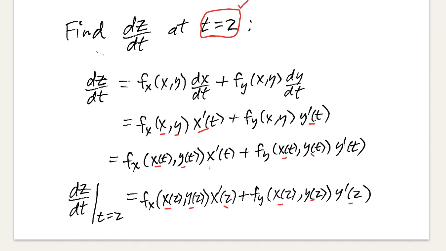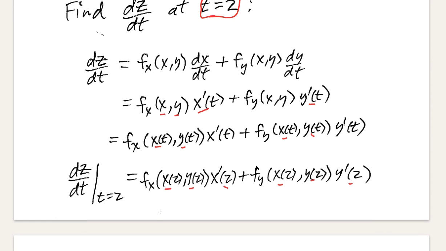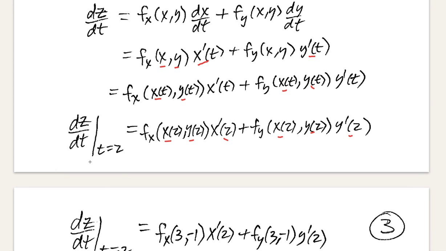I've used slightly different notation. Instead of Leibniz, I've used the prime notation, but this is it. Does that make sense to you? This notation, by the way, just means you're evaluating what comes before it at t equals 2.